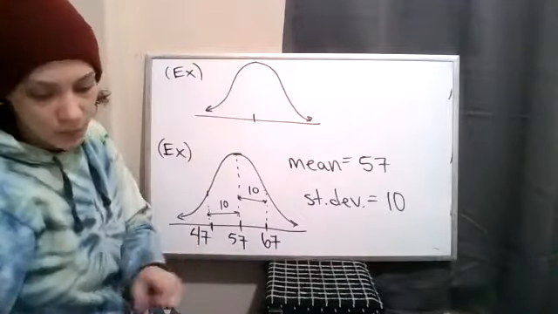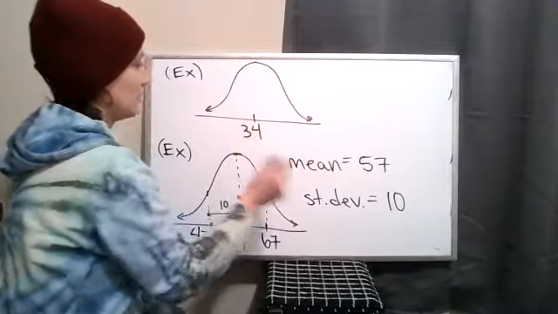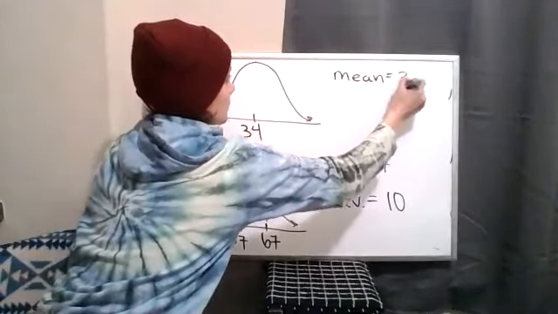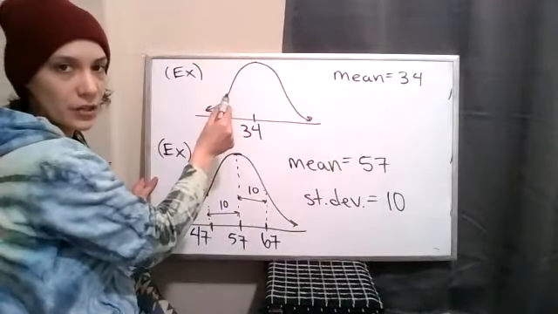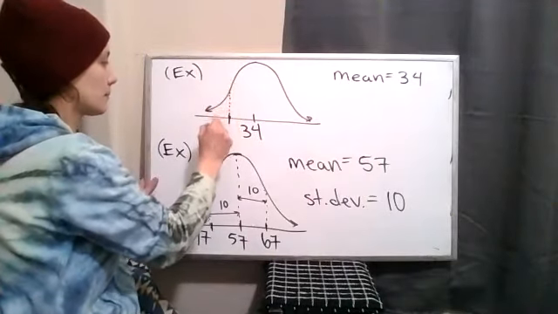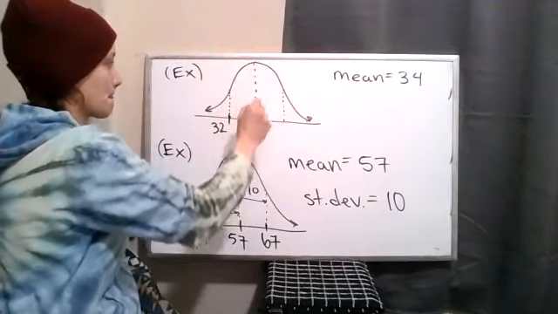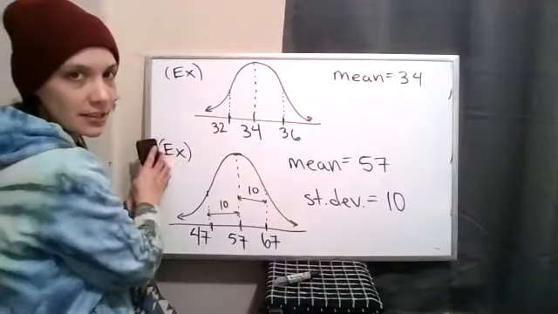This time, your mean is 34. The inflection points are at 32 and 36. Find the standard deviation.